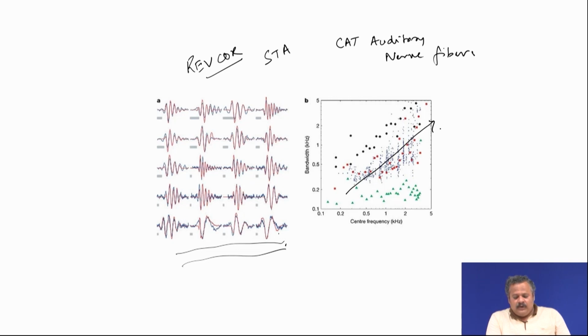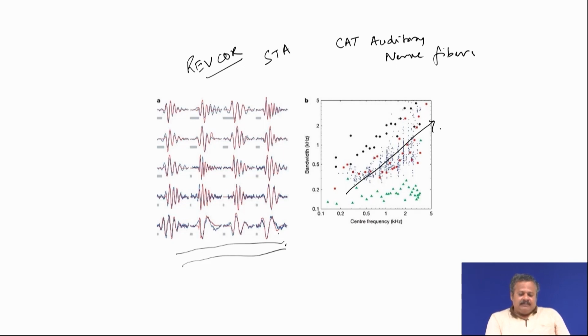Basically, they have to do with natural tonal sounds and also musical sounds, which have a different kind of property, and the theoretical filters obtained from that other kind of sounds did not match with the cat auditory nerve fiber filters, which do not need to process that kind of sound.